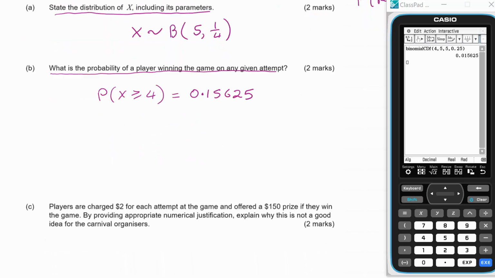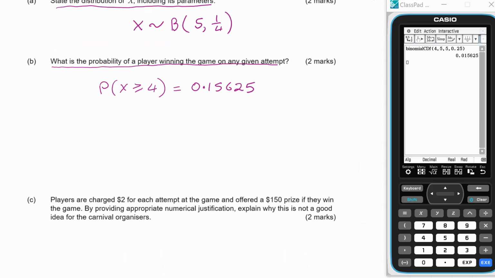We're now told that players are charged $2 for each attempt at the game and offered a $150 prize if they win the game. By providing appropriate numerical justification, explain why this is not a good idea for the carnival organisers.